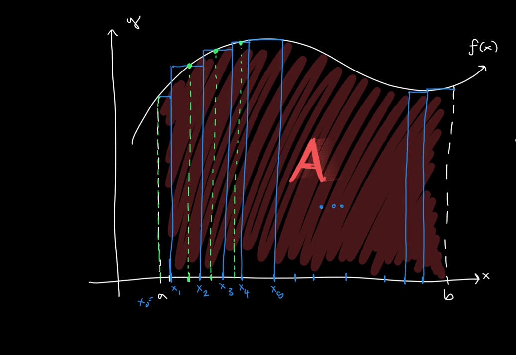This is far more general than the other one, and I'll do one more. So let's draw the tags. This would be a tag, some random point in this last interval. Here's another one maybe. Here's another one.